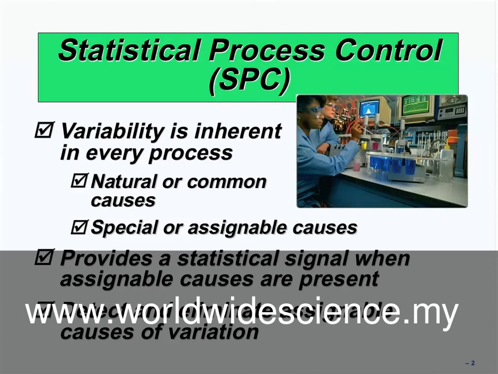When you measure the size, the weight, the speed, you will see that all of the 500 or 600 products that have been produced are not similar, and they have a little variability among them.